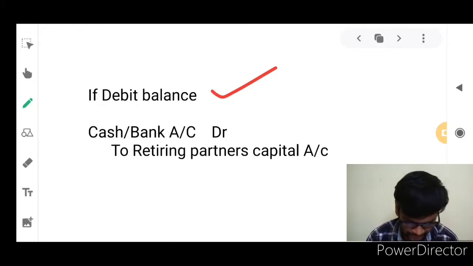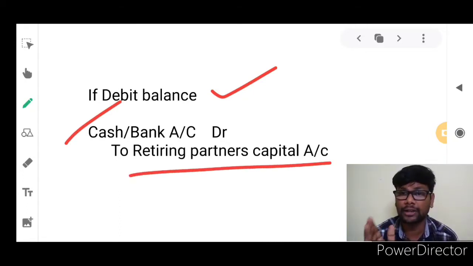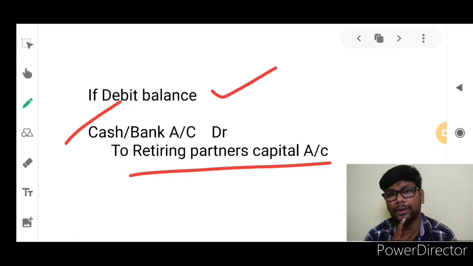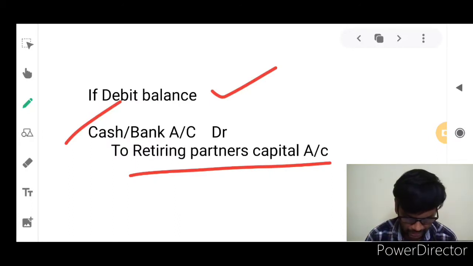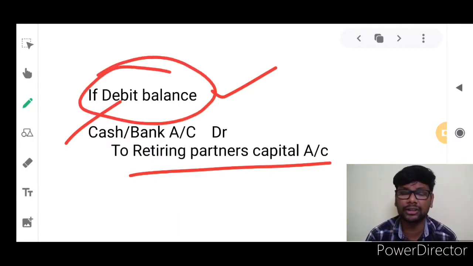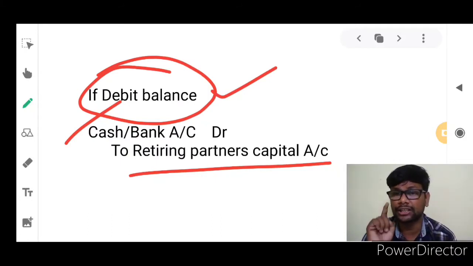So the journal entry for that is Cash or Bank account debit to partner's capital account. Here the partner is paying, so all the entries are now written in favor of the partnership firm, not the partners. While preparing the partner's capital account, you might have written journal entries in favor of the partners, but now all entries are made in favor of the firm. If the partner has a debit balance, the entry is Cash or Bank account debit to the retiring partner's capital account, which means the retiring partner is responsible to pay money to the firm.